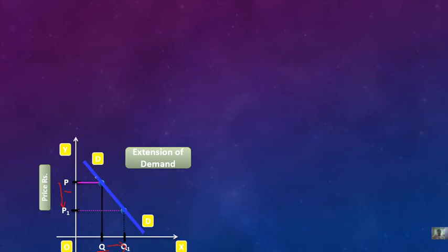So demand curve slopes downward from left to right, that is DD. D is the demand curve, which slopes downward from left to right.